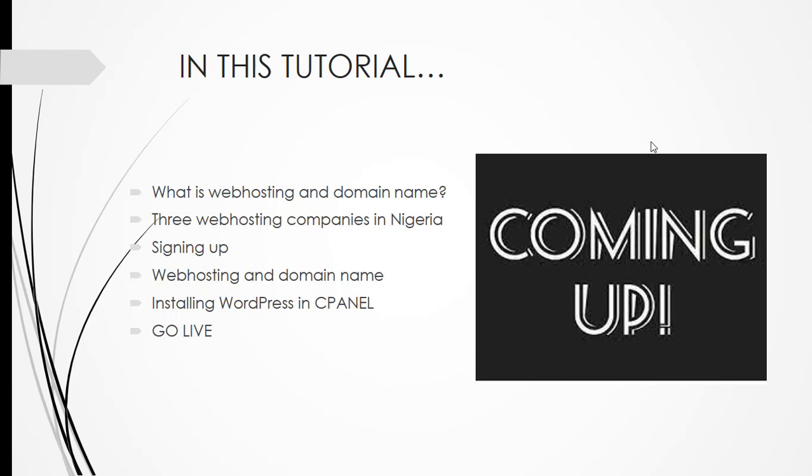Then we are going to look at signing up, how you can sign up with these companies, and then web hosting and domain name. This is simply how you are going to register for your web hosting and domain name and get to pay. And then after all of that, we are going to get into installing WordPress in the cPanel. Then your website will go live.